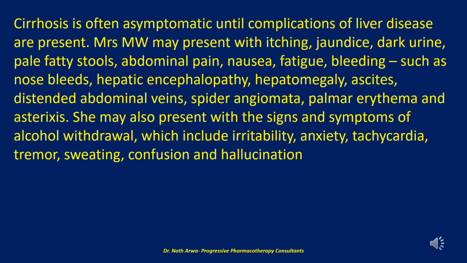Mrs. M.W. may present with itching, jaundice, dark urine, pale fatty stools, abdominal pain, nausea, fatigue, bleeding, such as nosebleeds, hepatic encephalopathy, hepatomegaly, ascites, distended abdominal veins, spider angiomata, palmar erythema and asterixis.